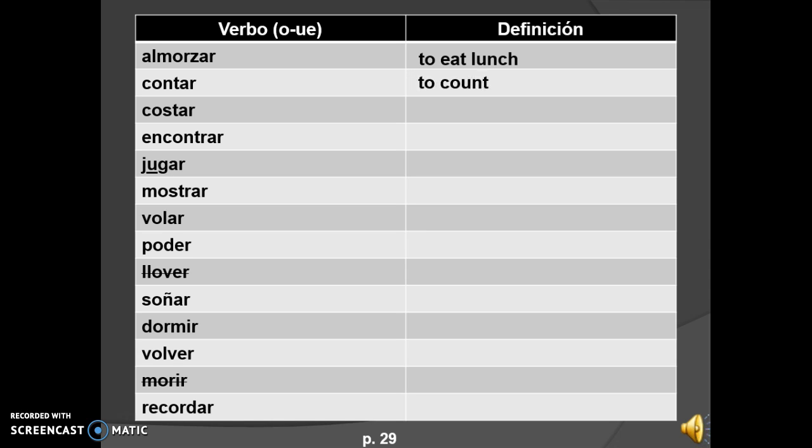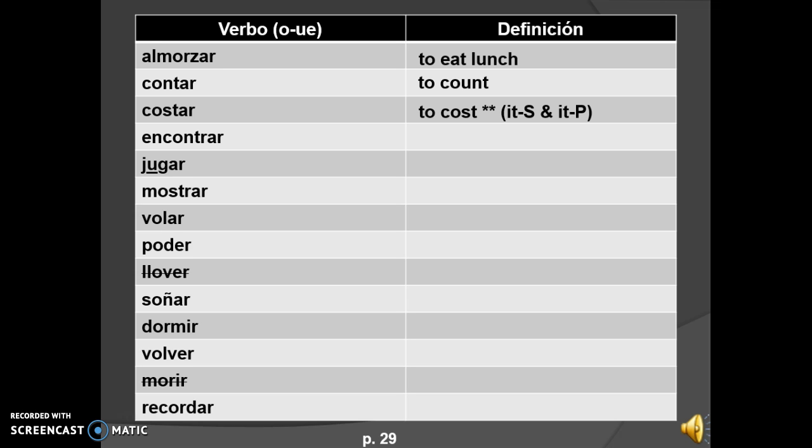Contar kind of looks like to count, so that's somewhat of a cognate. Costar, definitely a cognate. It means to cost. Now, because we're only going to be talking about things and their costs, you will only use the it singular and it plural of costar ever, because we don't buy and sell human beings.